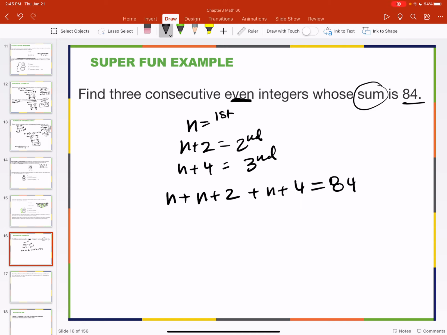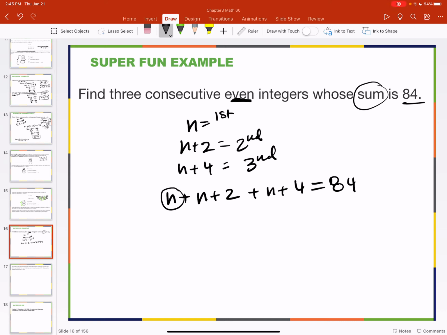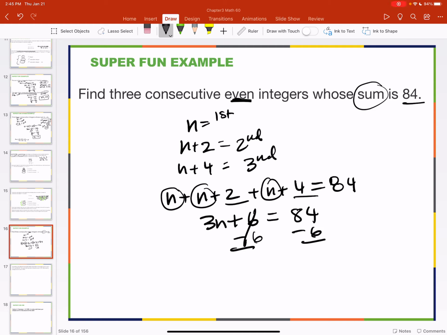Now how do we solve this? We combine like terms. We have 3n, and then 2 plus 4 is 6, so 3n plus 6 is equal to 84. We're solving for n, so let's subtract 6 from both sides. We get 3n is equal to 78.